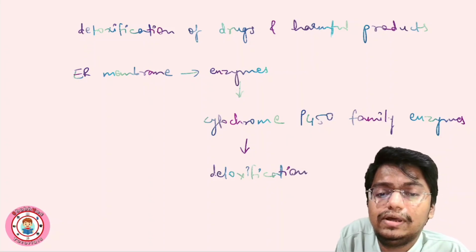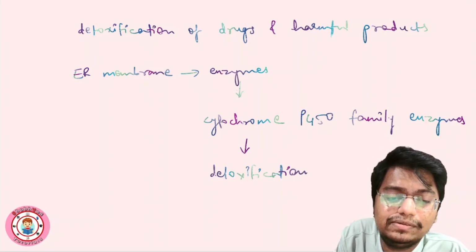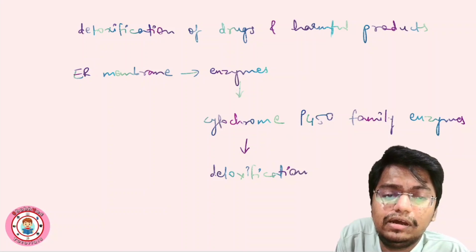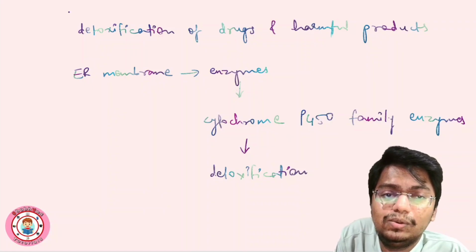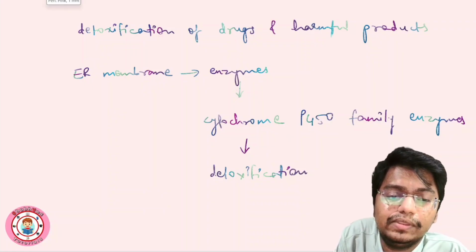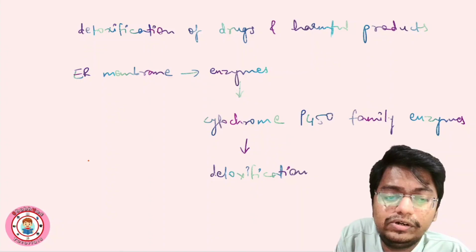Right. So what do these enzymes do? They convert products from water insoluble to water soluble. Okay, I will write here. Water insoluble substances accumulate if they are not metabolized properly.